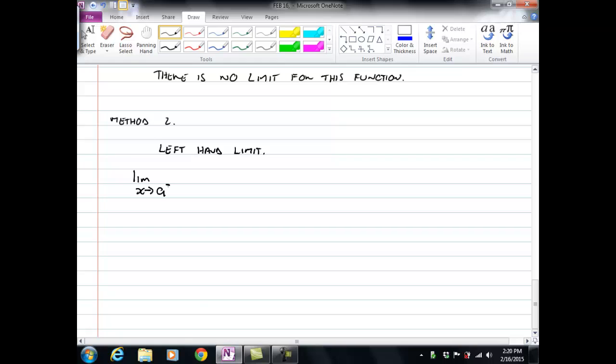This negative sign means left hand. So I'm going to circle this negative symbol. This means take the limit from the left. It means I'm going to use a number smaller than a. That's called the left-hand limit.